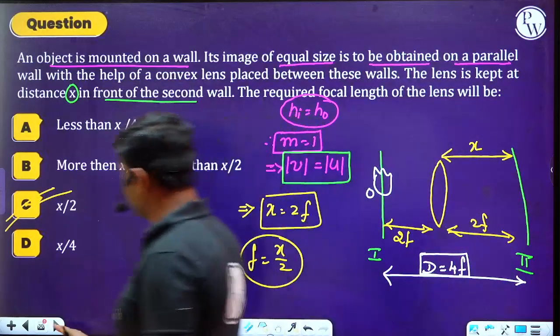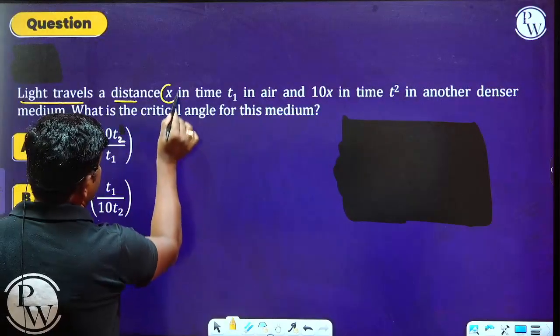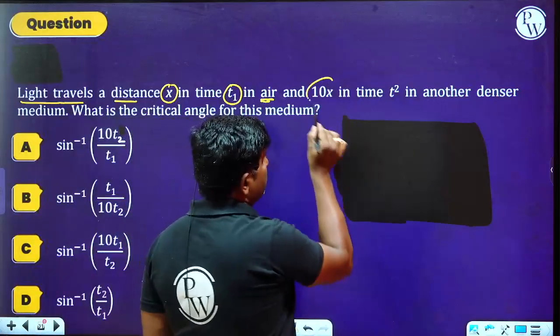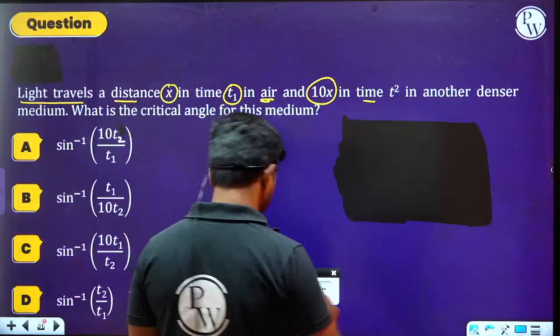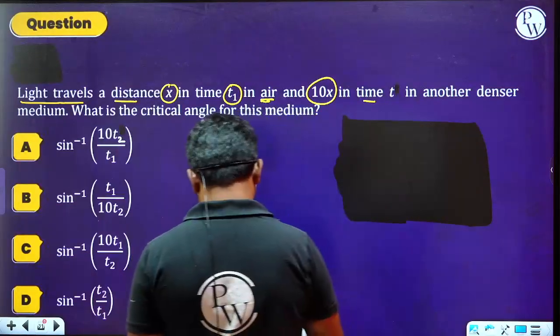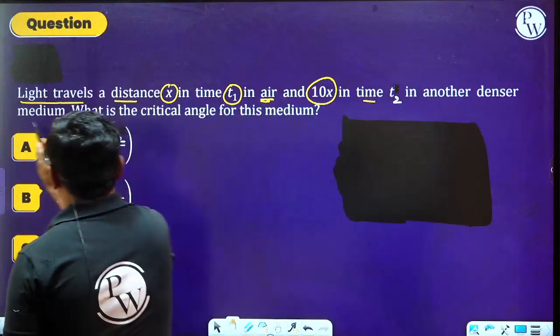What are they saying to us? Please read this question. Light travels a distance x in time t1 in air, and 10x in time t2 in another denser medium.